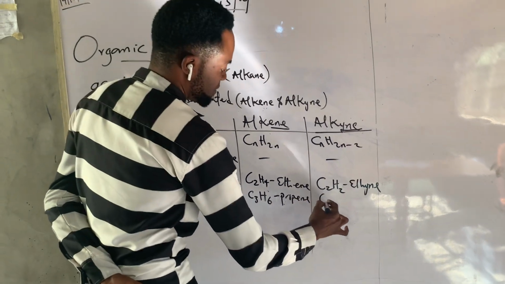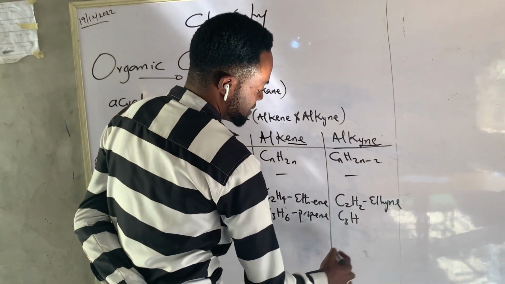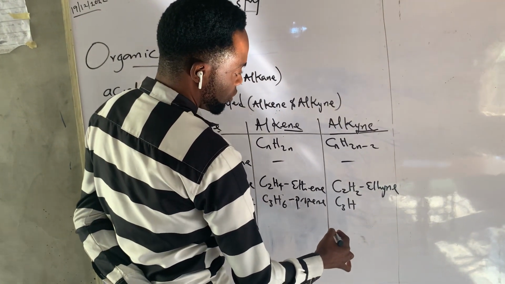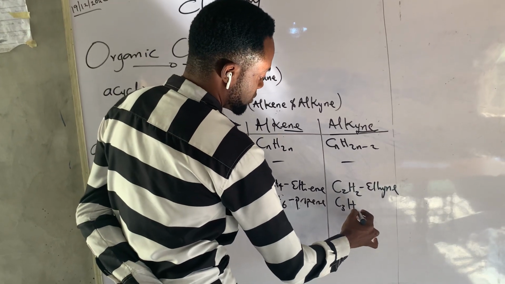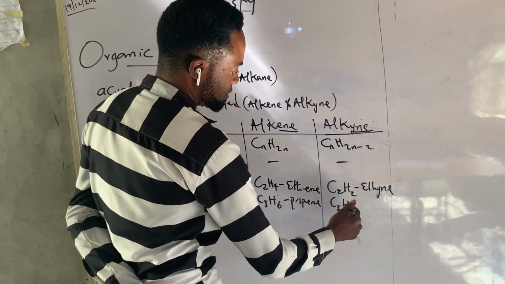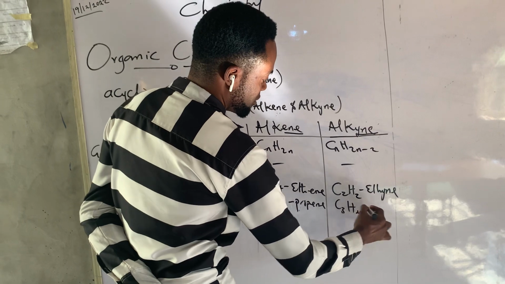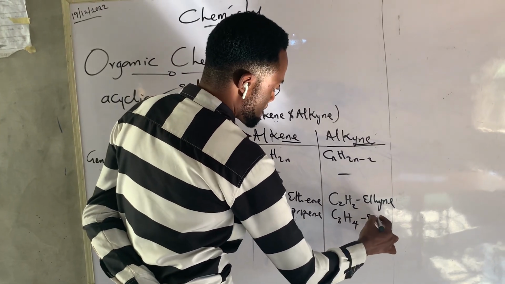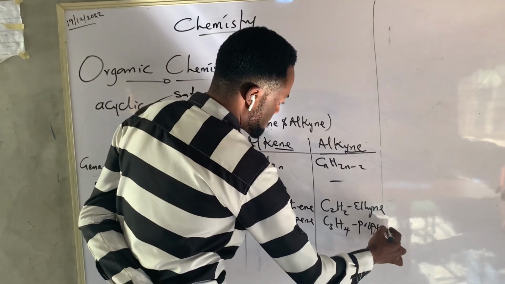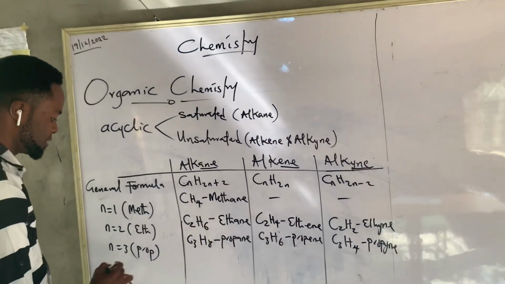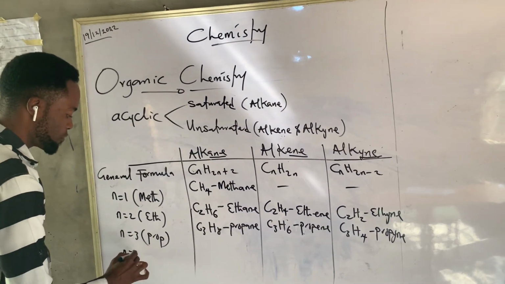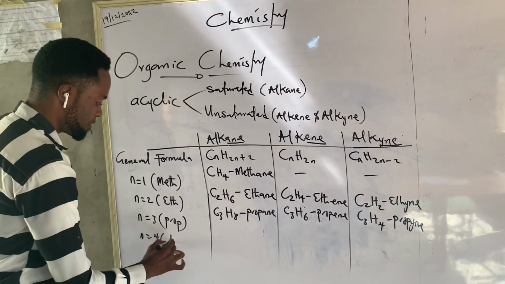We have C3H4, that is propyne. Now, when n is equal to 4, we have but.